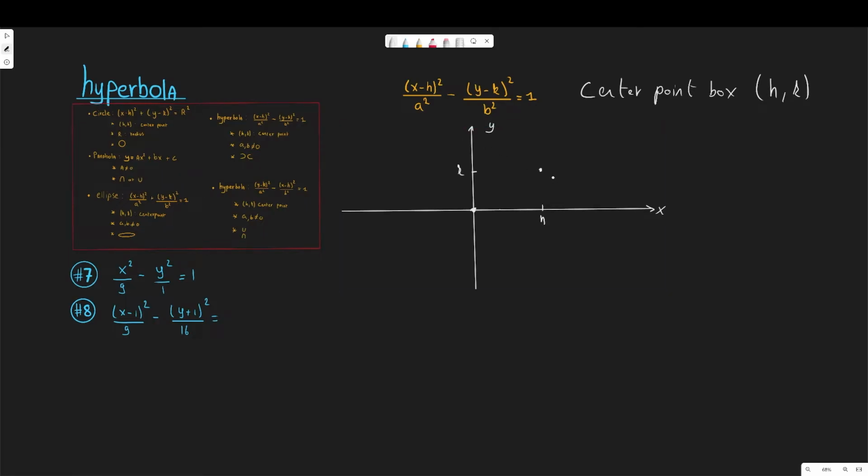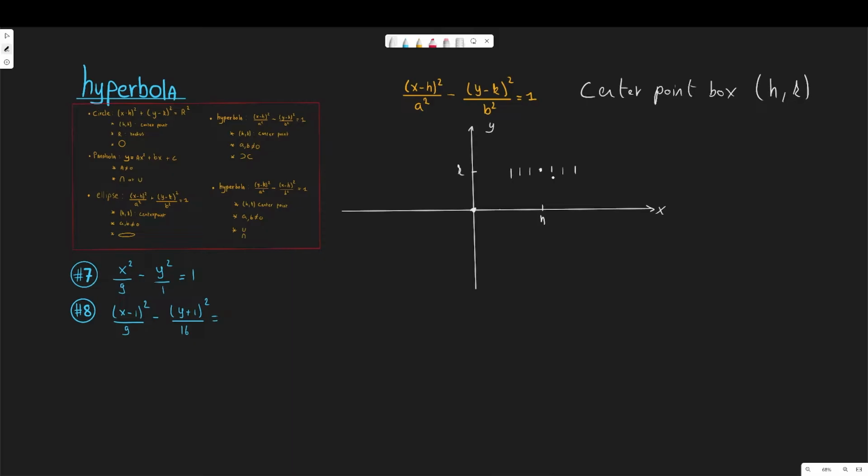So this a will tell us the length in the x direction. So we'll have to go a steps in the x direction, so 1, 2, and let's say that a in this case is 3, and then we'll have to go a steps in the other direction, so 1, 2, a, and this will be the length of one side of our box.